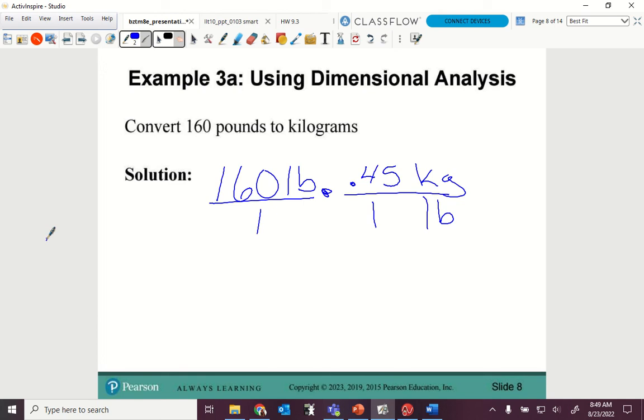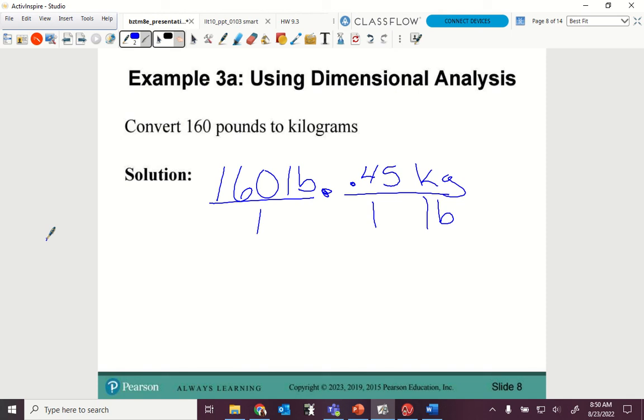So, what's actually heavier, 1 pound or 1 kilogram? A kilogram is bigger. A kilogram actually weighs more.